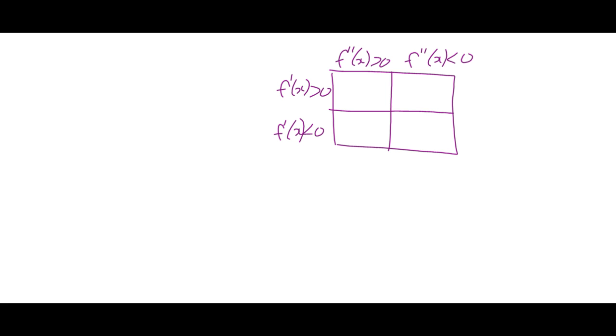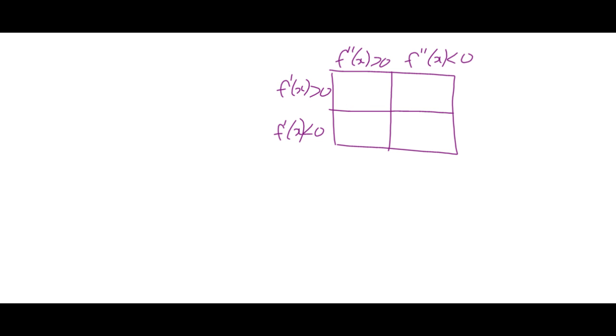Okay, so if the first derivative is greater than 0, then it is doing what? The curve is increasing, and if the second derivative is greater than 0, it's increasing and concave up. So it's going to look like this, right? I mean, not that part, because that's decreasing.